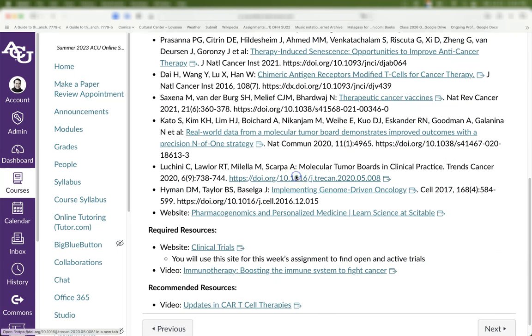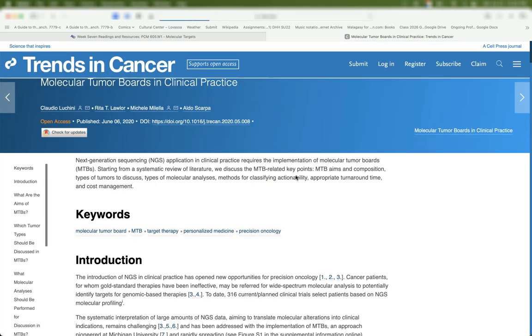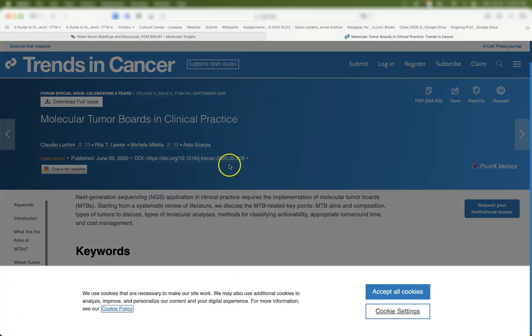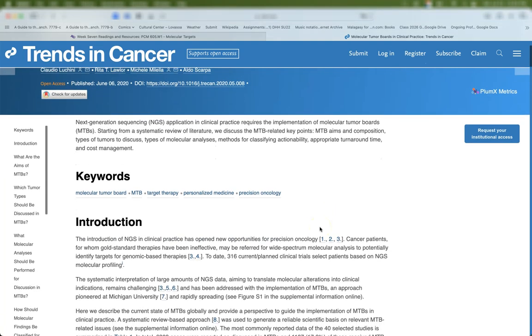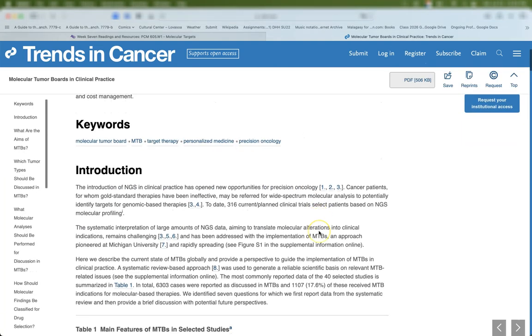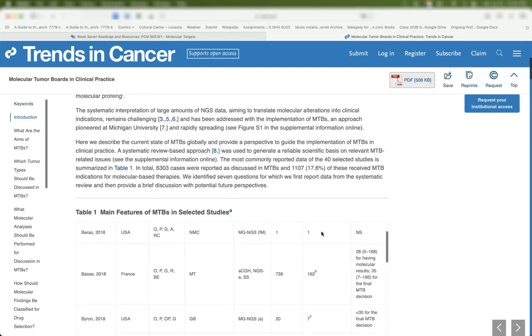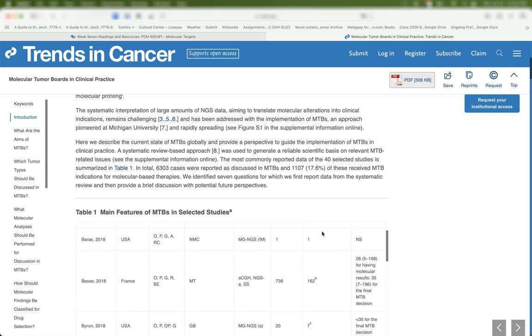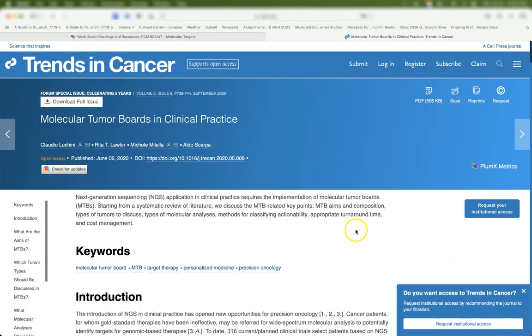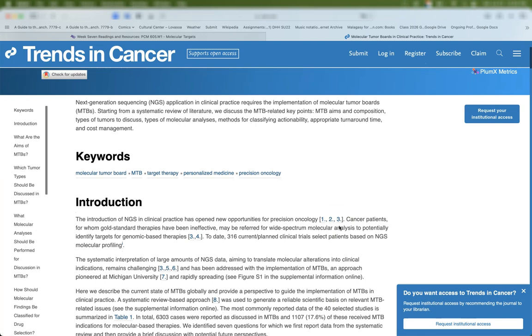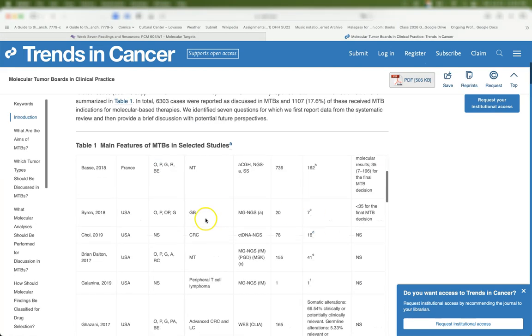And in fact, we can go ahead and take a look at that now and see, oh, this is coming from this journal, Trends in Cancer. That's probably the kind of journal that if you're working on this, you would want to be reading, because it's looking for what the new things are out. And so this gives you an idea of some things you might look at if you happen to be looking at a particular type of tumor that one of these trials has assessed.